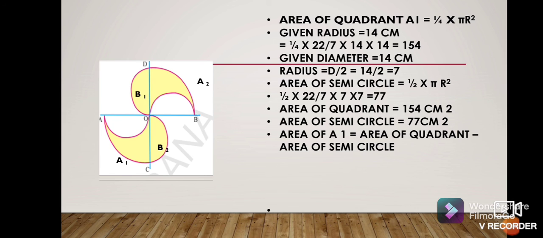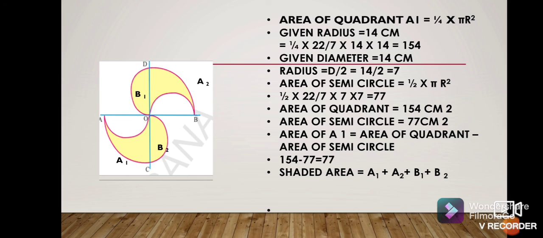That's why we have to subtract that area of the semicircle from the area of the quadrant. Then what do we get? Yes, 154 minus 77. In the same way, the shaded regions are A1 and A2. Okay, A1 and A2 are the same now, that's why we are writing A1. That's why here we solved only A1.